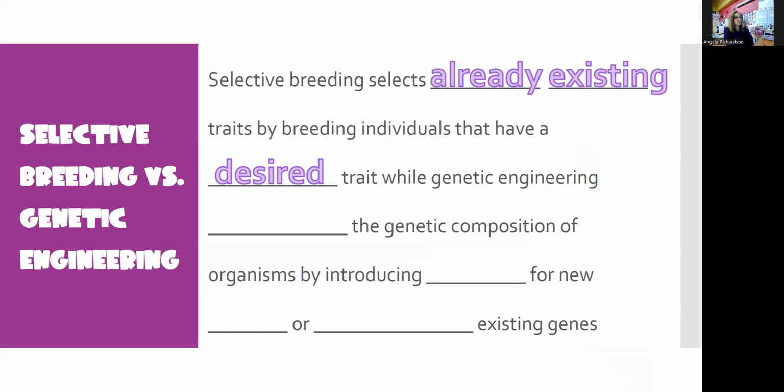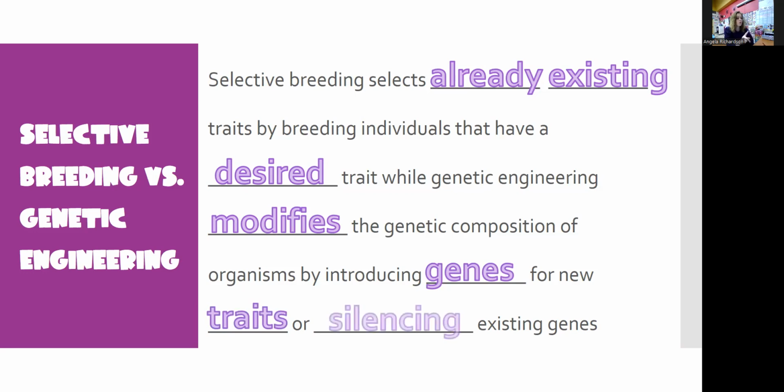So selective breeding selects already existing traits by breeding individuals that have a desired trait, while genetic engineering, so GMOs, is going to actually go in and change the DNA of these organisms by either introducing new genes or silencing genes that are already there. So actually going in and manipulating the genetic makeup of these organisms, whereas selective breeding is just saying, hey, I like that trait. Let's get it bumped up and I want to see more of it.